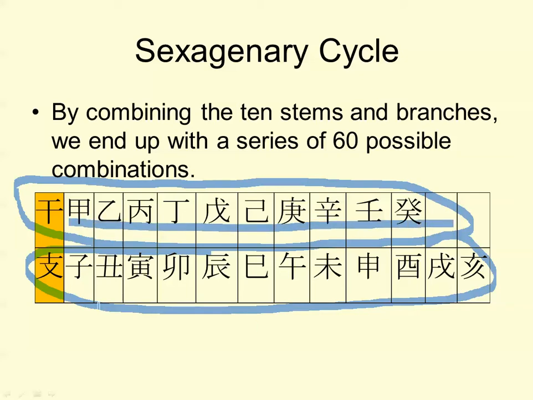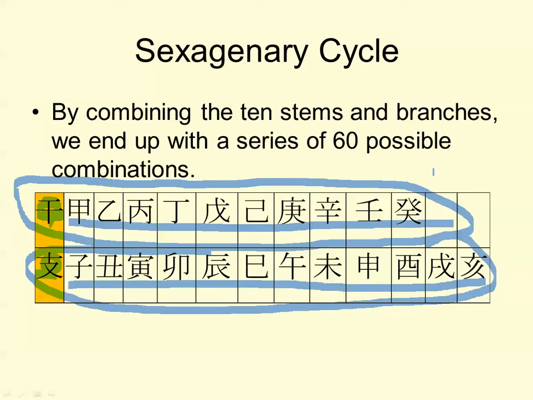It's not random. Likewise, this is the proper order for the earthly branches. Okay, this far left-hand column is just the label. So this kanji indicates we're looking at the heavenly stems, and this one indicates that we're looking at the earthly branches, right? So we've got 10 characters here and 12 characters at the bottom.